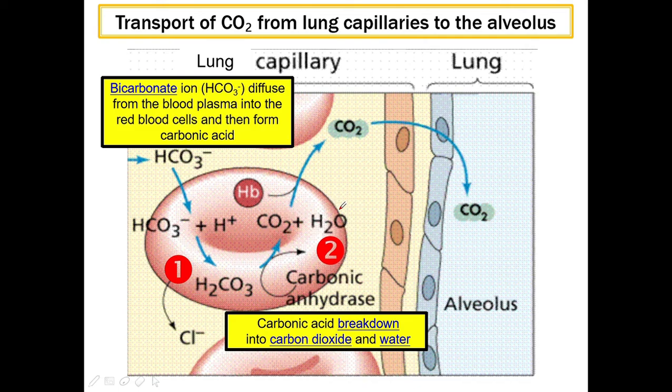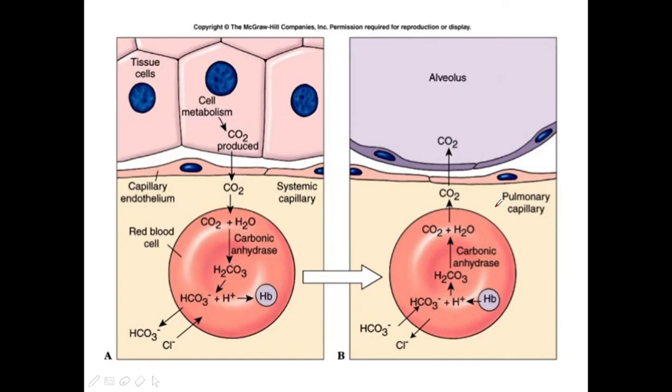This reaction is catalyzed by the same enzyme, which is carbonic anhydrase. And then the carbon dioxide diffuses through the lung capillaries into the alveolus and is finally expelled during exhalation. Okay, so this diagram summarizes the transport of carbon dioxide in the blood in the form of bicarbonate ion.